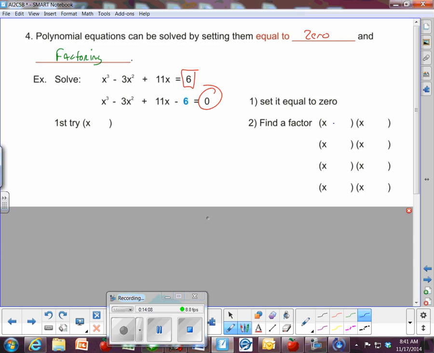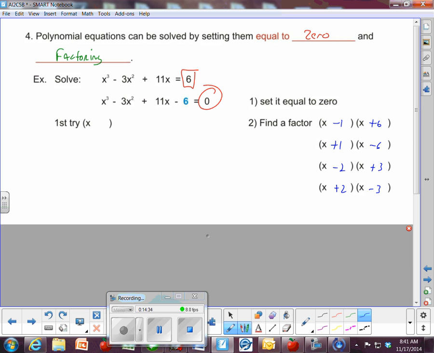How about -1 times +6, or +1 and -6, or -2 and +3. And the last possibility is +2 and -3. We have all of those possibilities.